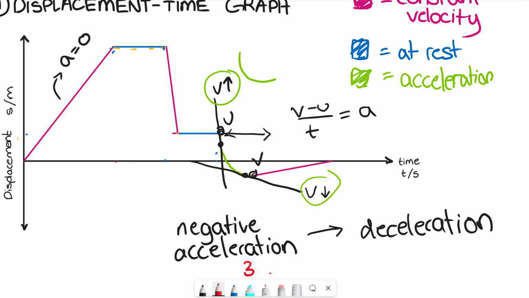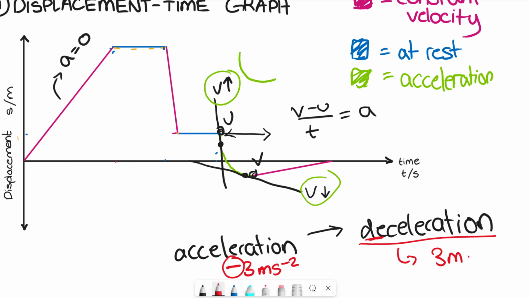We would say negative 3 meters per second squared. But if we're saying it decelerated, we don't need to include the negative since we've already said it's decelerating. So we just say an acceleration of negative 3 meters per second squared or a deceleration of 3 meters per second squared, not meters per second.